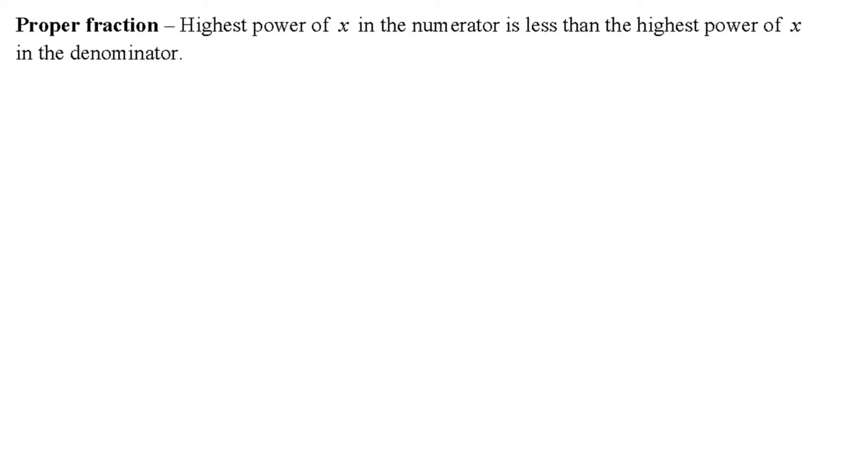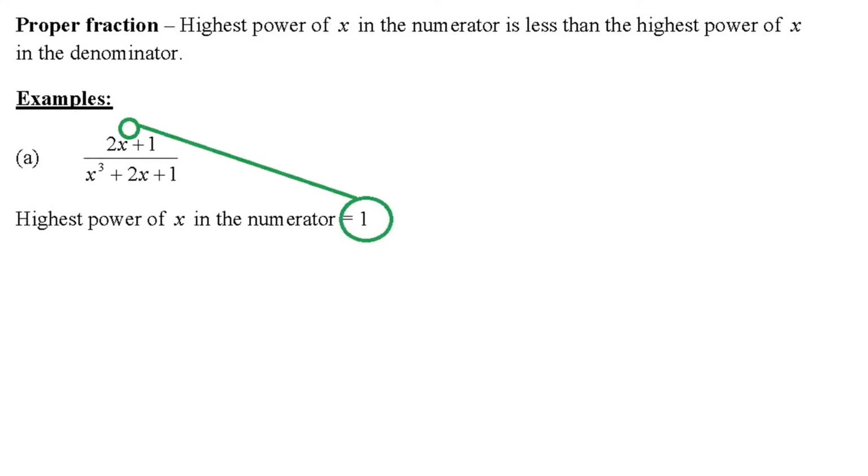Okay, so let's take this example. In part A, I have the fraction 2x plus 1 over x cubed plus 2x plus 1. Now we see that the highest power of x in the numerator is 1. The term in the numerator is 2x plus 1, and the power of x of that term is 1.